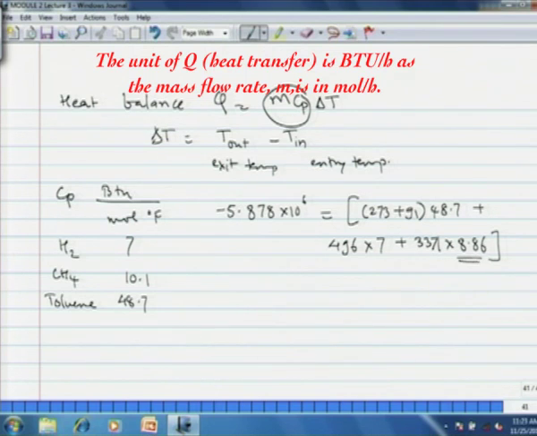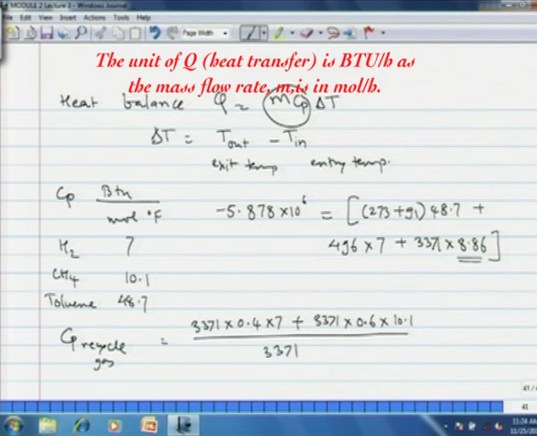Now, the 8.86 is the heat capacity of recycle gas, which we have calculated as molar flow rate of hydrogen into 0.4 molar flow rate of hydrogen into 7 plus 3371 into the methane fraction 10.1 divided by 337. This turns out to be 8.86.